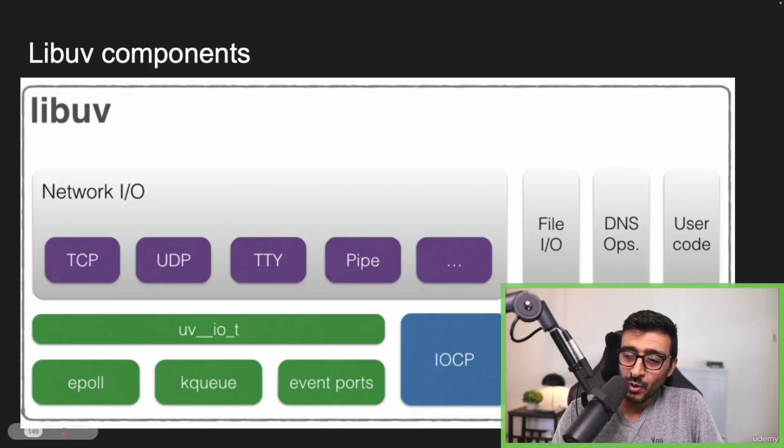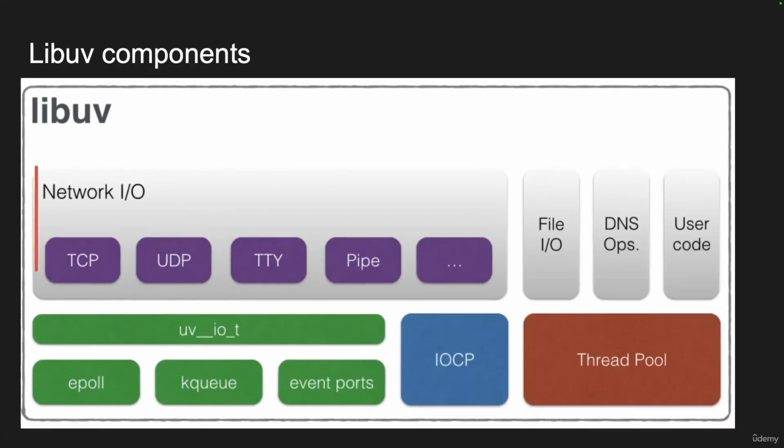So here are the components of libuv. You have the network piece: TCP, UDP, and TTY, which stands for teletype writer, I think. This is basically anything to do with screens.